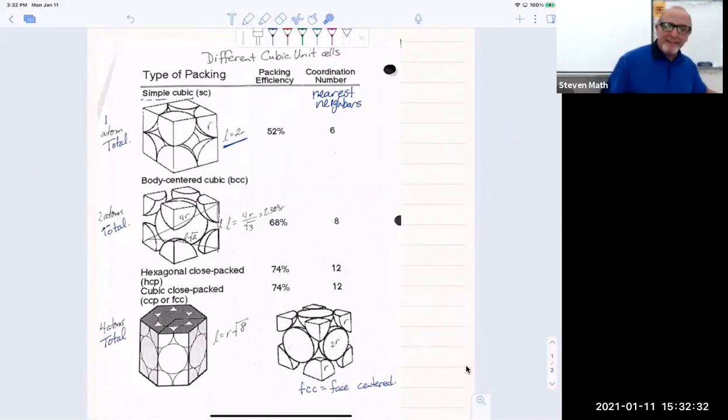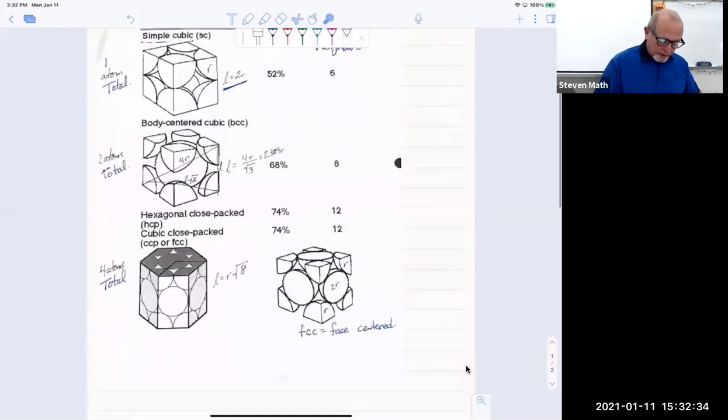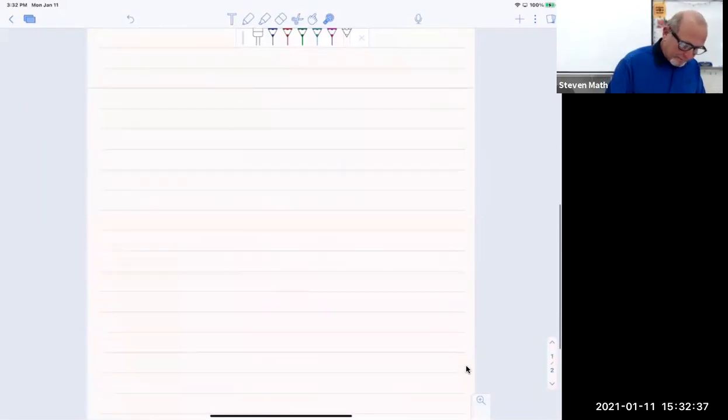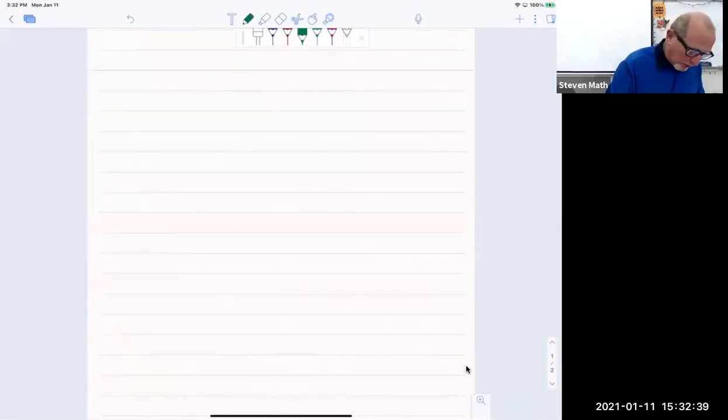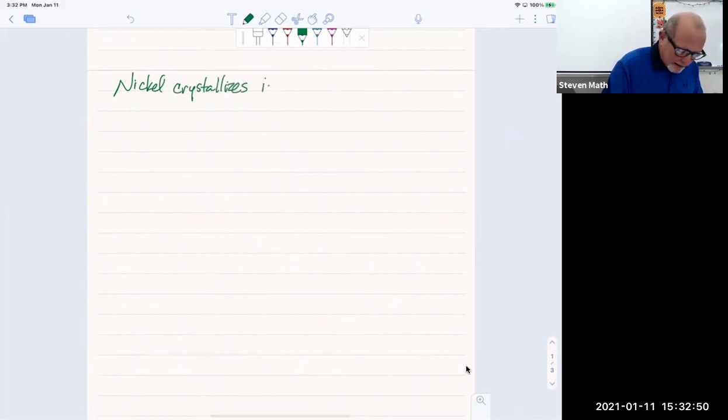Now, let's take that and do a sample problem, use it for a calculation, okay? We have nickel metal, and we're told that nickel crystallizes in an FCC arrangement. So it's face-centered cubic.